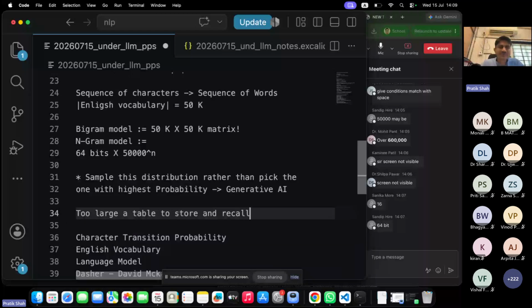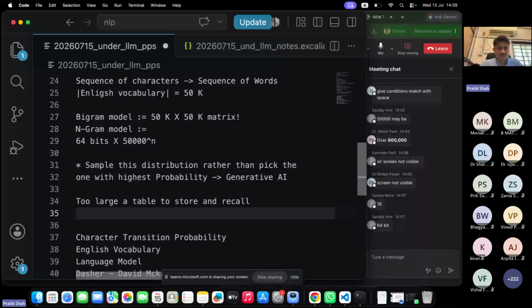If I want to find a particular ijth entry in the matrix, the cost of reaching that entry is also prohibitive. So we want this table to be somehow stored in the form of a function. And what is this function supposed to do? It should approximate the conditional probability distribution.